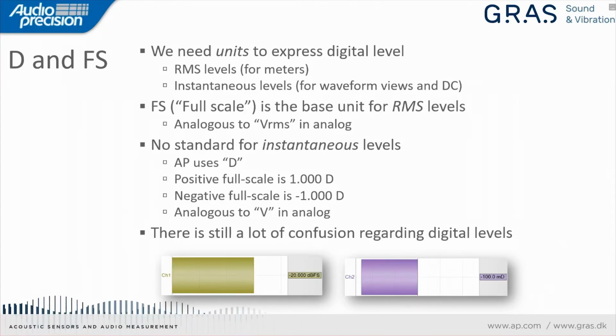The difference, the reason we have these 2 units is in the physical world, in the land of volts, volts is both an instantaneous unit and an RMS unit. In the digital world, for, I'll say, historical reasons, FS, or full scale, is only an RMS, or root mean square unit.